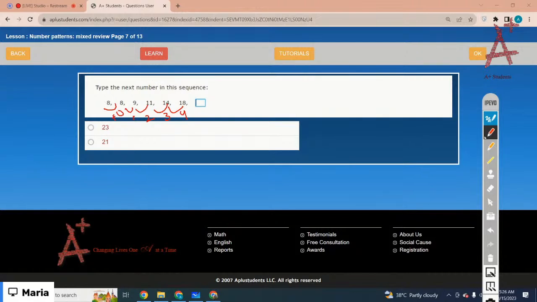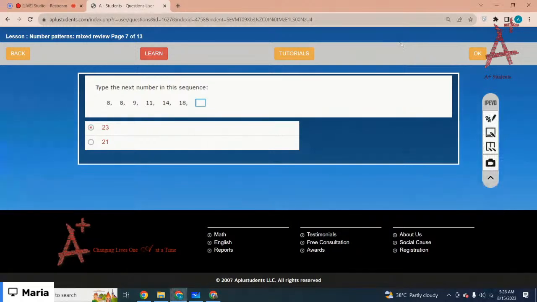The next one is 18 plus 5, that would be 23. So the next number in the pattern is 23, right?